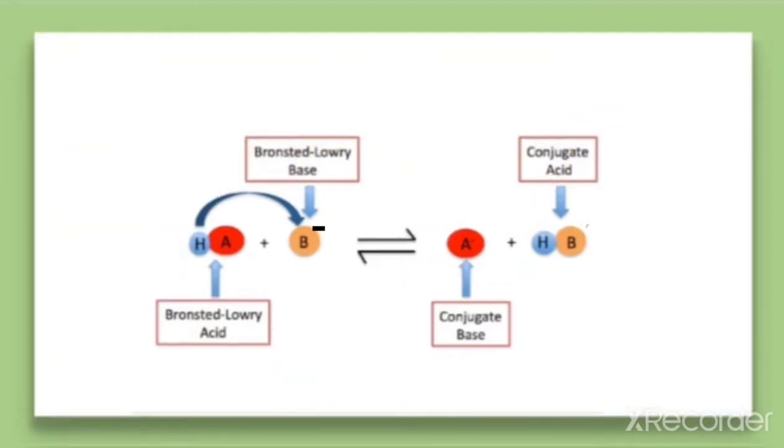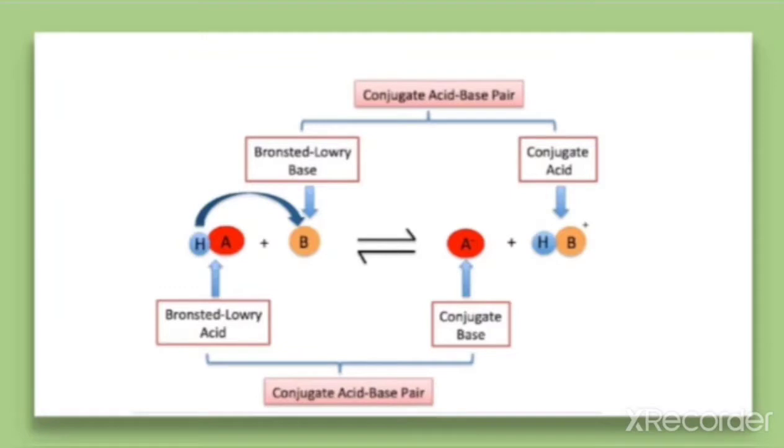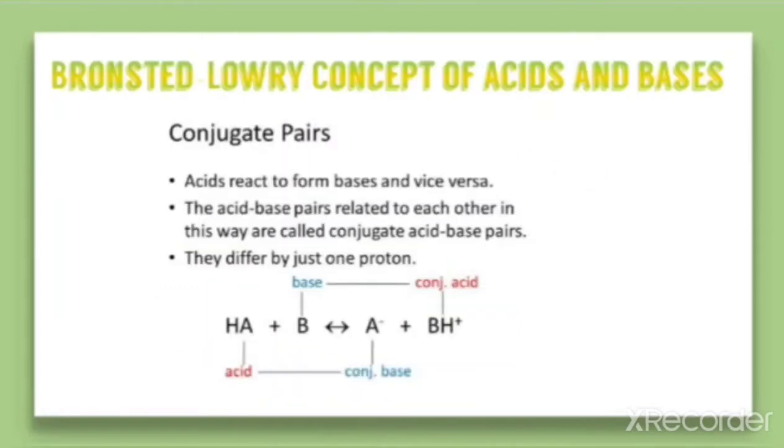Here the Bronsted acid and conjugate base pair, and the Bronsted base and conjugate acid pair, are called conjugate acid base pairs. A conjugate acid base pair can be defined as acids that react to form the base and vice versa. The acid base pairs related to each other in this way are called conjugate acid base pairs.